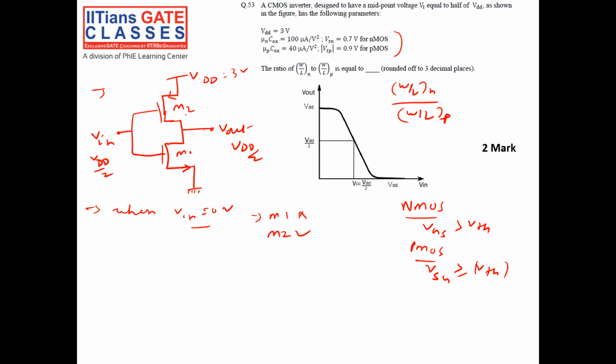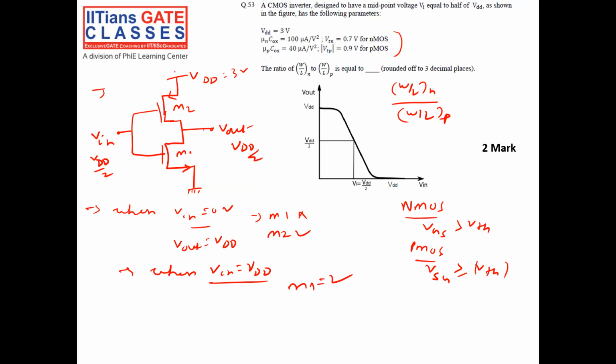M2 will be on. So what will happen? When M2 is on, it will be like almost a short circuit, and M1 is very high resistance, so almost VDD will come to my output. So my V out is equal to VDD. Similarly, when I apply V in equal to VDD, M1 has VGS equal to VDD, so it will be on.